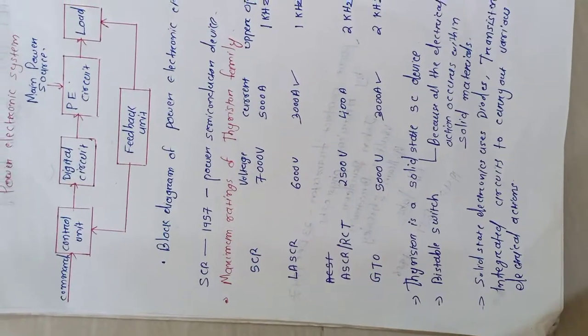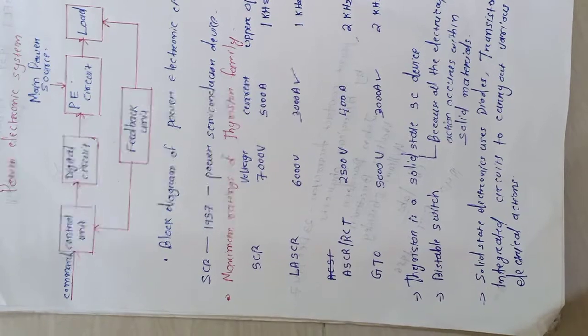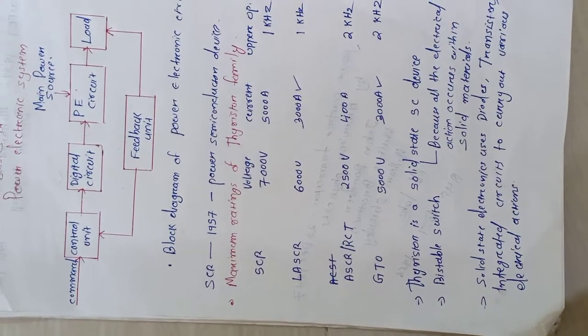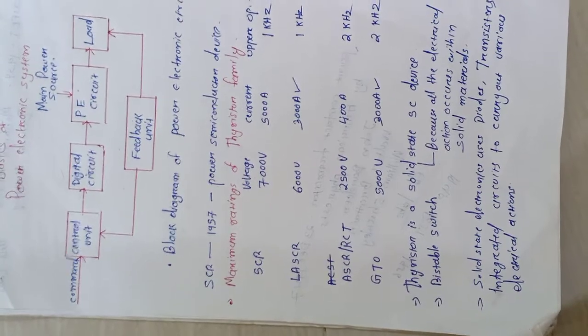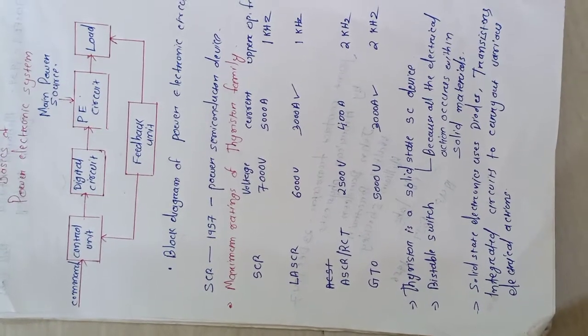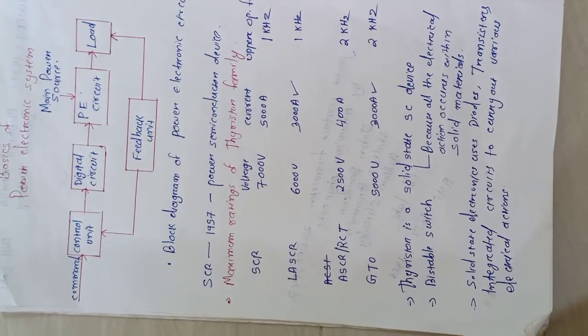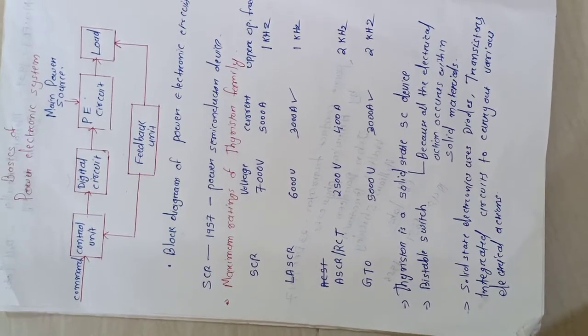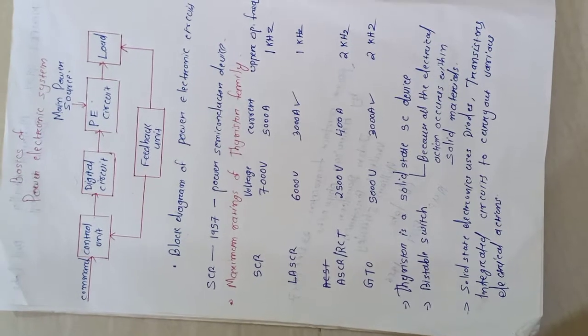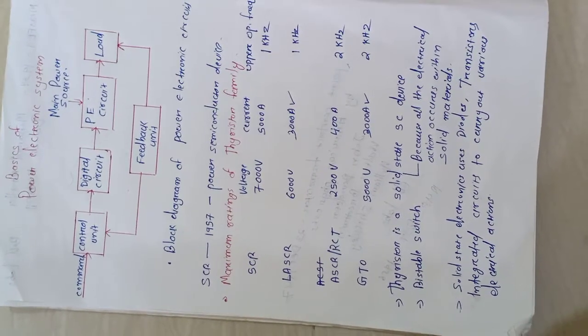So as I have said, thyristor is a solid state semiconducting device. You may ask, sir, solid state क्या है? Tell me something about solid state, because we don't know about solid state semiconducting devices. So why is it called a solid state semiconducting device, not gaseous state or liquid state? So what is the basic concept?